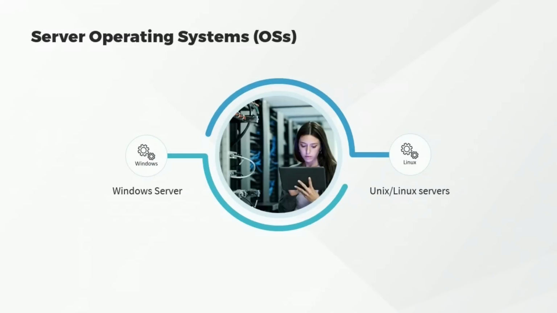Linux, however, is what's known as open source, meaning that no one owns it, and it's actually free to use by anyone. It's designed and built by a community of developers and is very commonly used for services such as web servers, mail servers, and database servers.